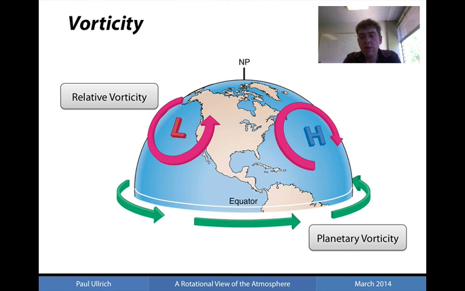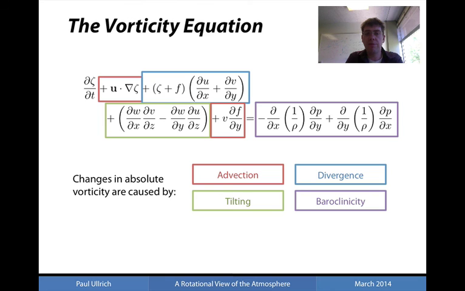So recall that so far in understanding vorticity, we've built up this knowledge of relative vorticity and planetary vorticity. Relative vorticity occurring on the Earth's surface, and planetary vorticity just due to the rotation of the Earth itself. From that, we derived the vorticity equation, which has a number of terms associated with it due to advection, divergence, tilting, and baroclinicity.